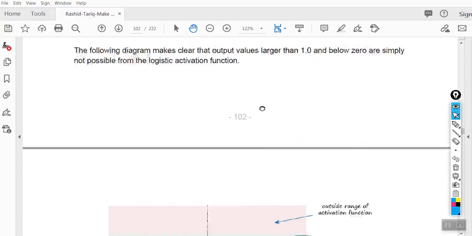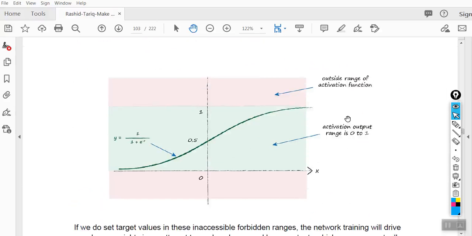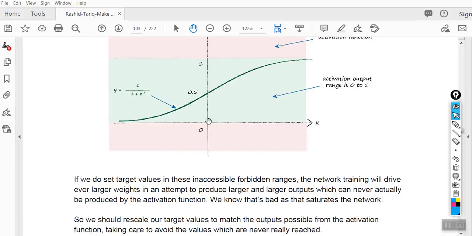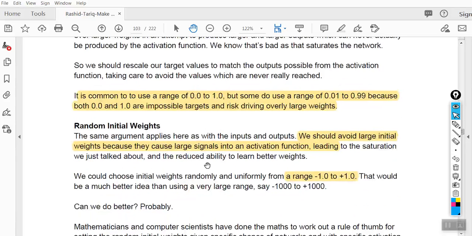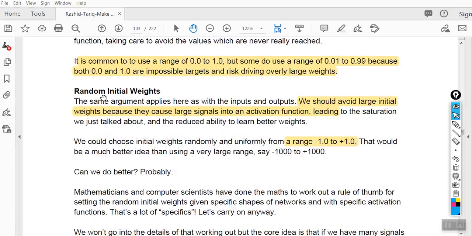And for the targets and outputs, values bigger than 1 and less than 0 are not good according to the activation function. Then we consider them between this area. Okay, and about the initial weights, again according to this definition, we consider them between -1 and +1.